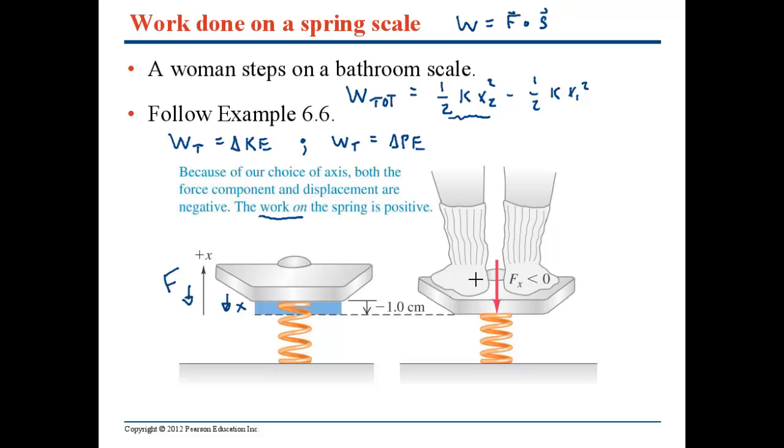If our initial position x1 is equal to 0, and our final position x2 is 0.01 meters, and we know our spring constant, then, because x1 is equal to 0, the work done on this spring is going to be 1/2 k x2 squared.